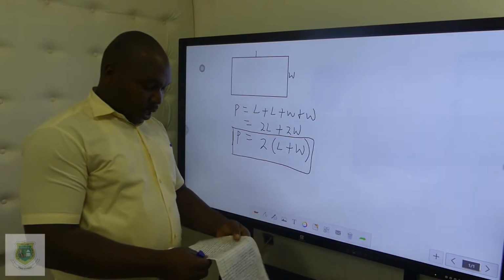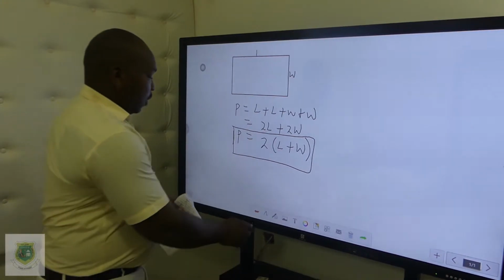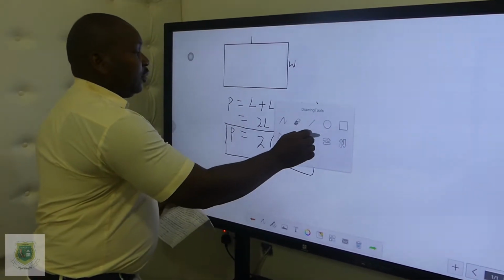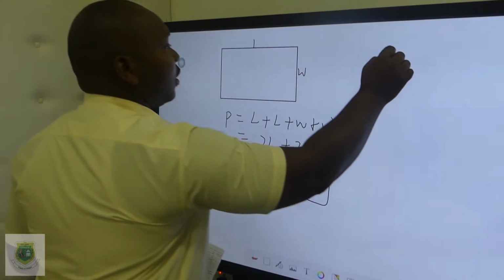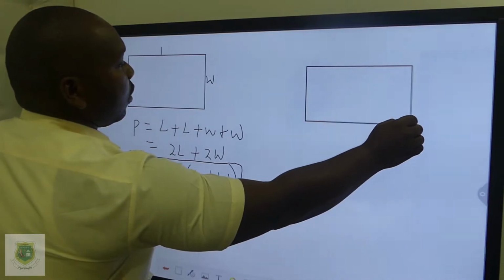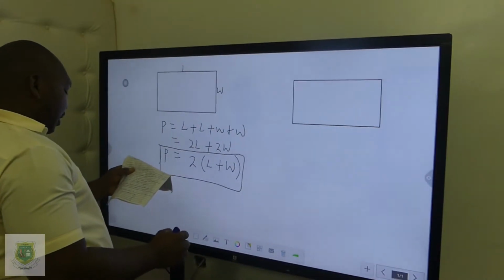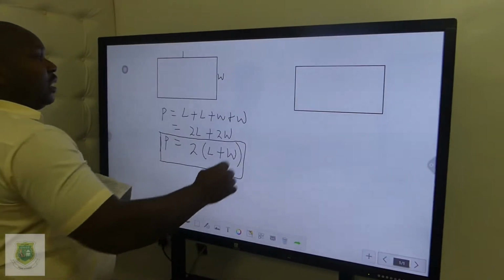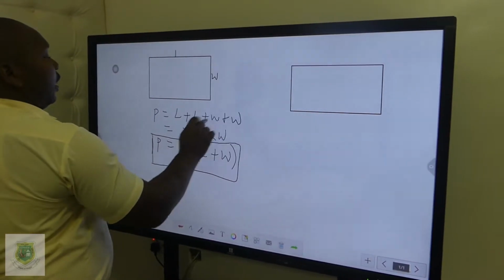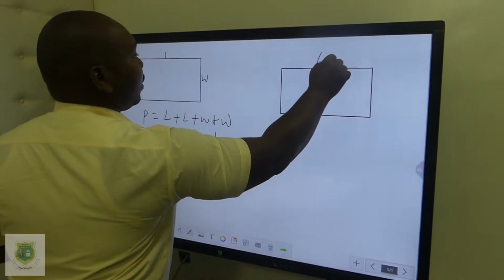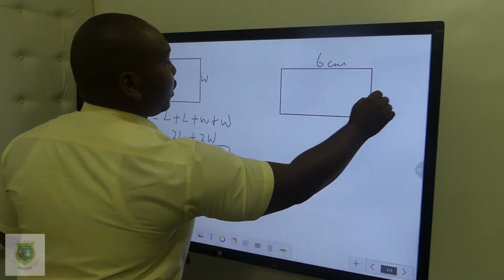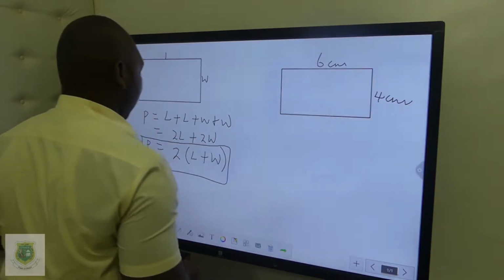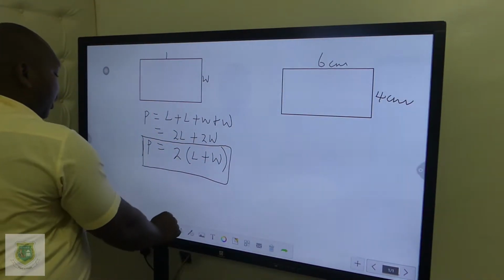Then for example, if you are told to calculate the perimeter of a rectangle with length 6 centimeters and width 4 centimeters, how do we calculate it?